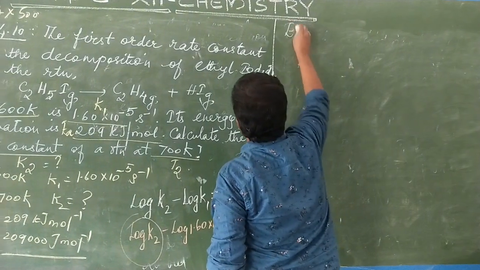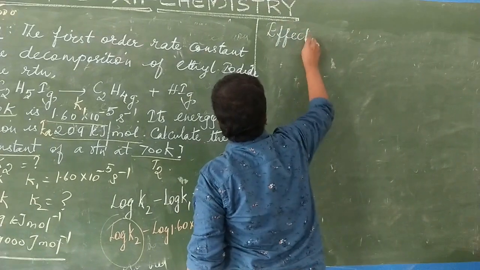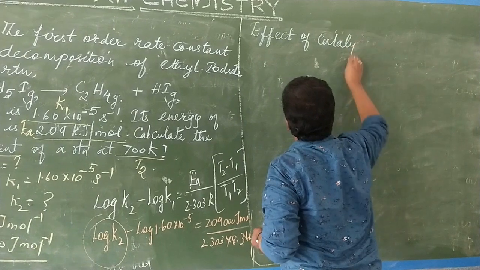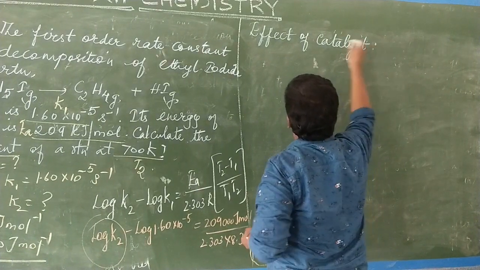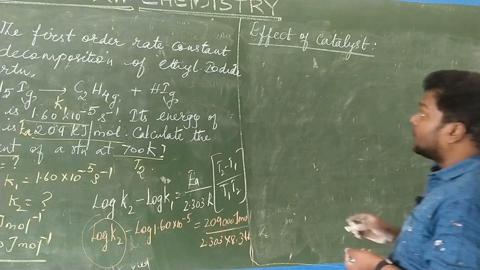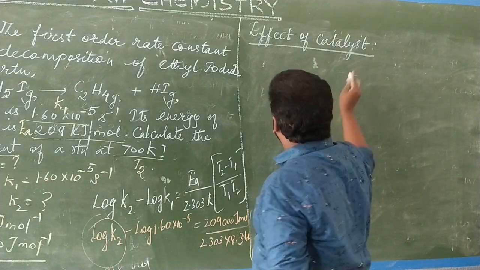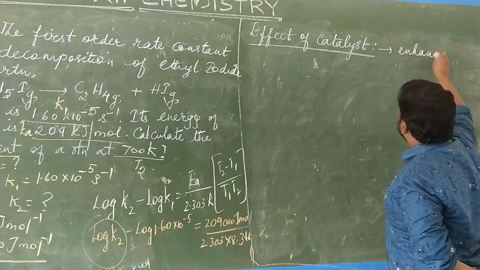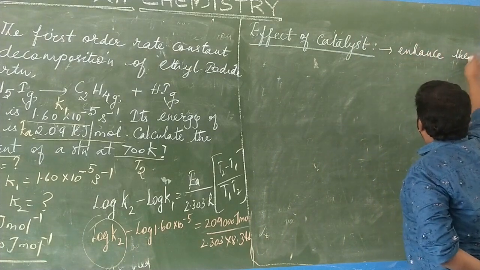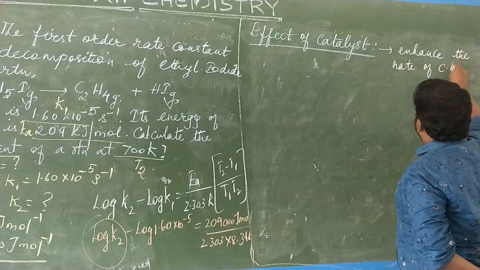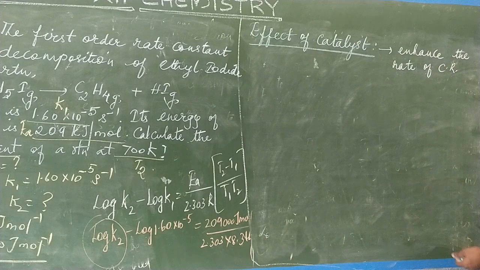Second topic is effect of catalyst. Now what is a catalyst? Catalyst is a substance that enhances the rate of chemical reaction.